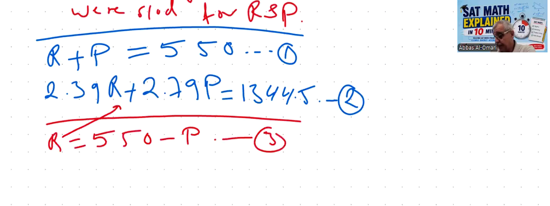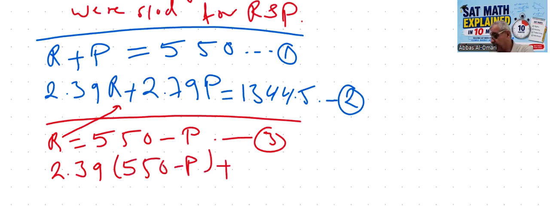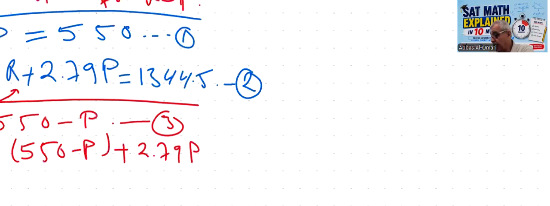So 2.39 times R, which is 550 minus P, plus 2.79 P equals 1344.5.